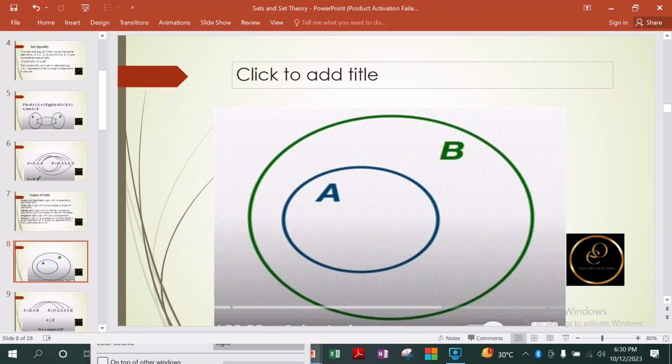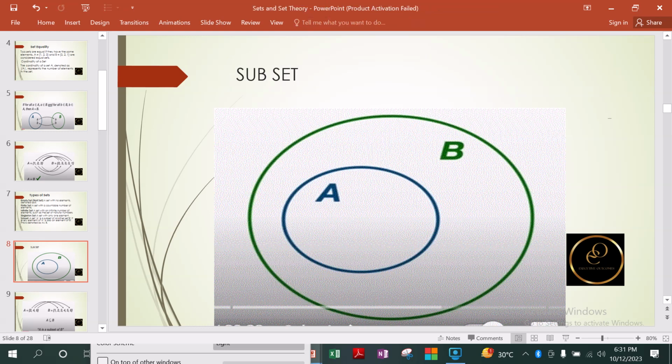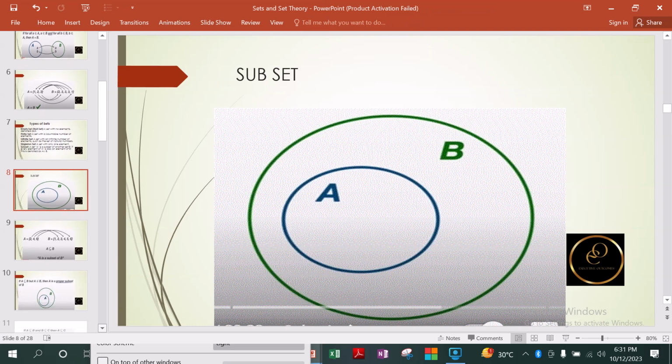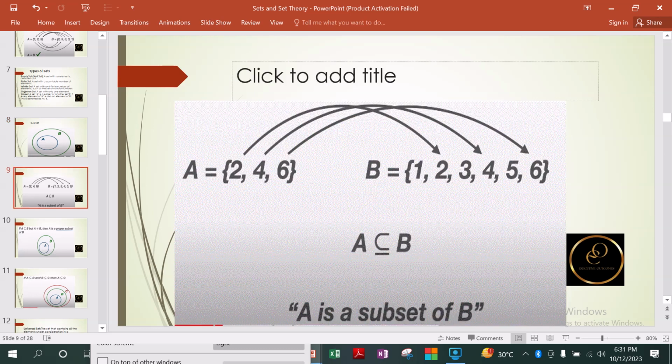Diagrammatically, this can be demonstrated by this. This is a subset, meaning that every element of A is also an element in B. So A is a subset of B. That's what it means here. Now, you can further illustrate it in this manner, where you have A with three elements, 2, 4, and 6.